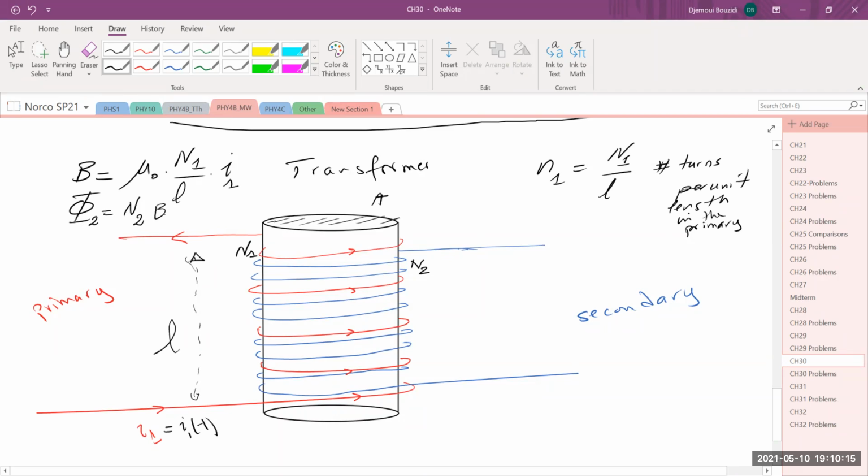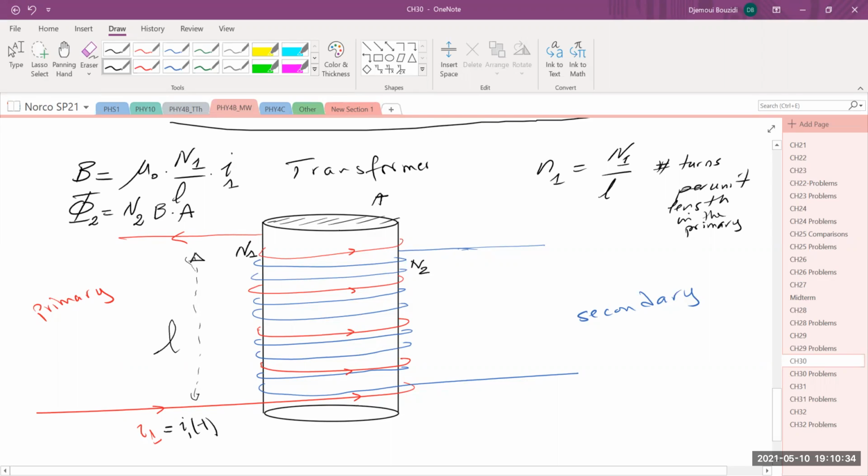So times B times A. So this is the flux in the secondary, because I have N2 turns in here. And each one of them has a magnetic field B running through them. And this is the cross section that they are in.